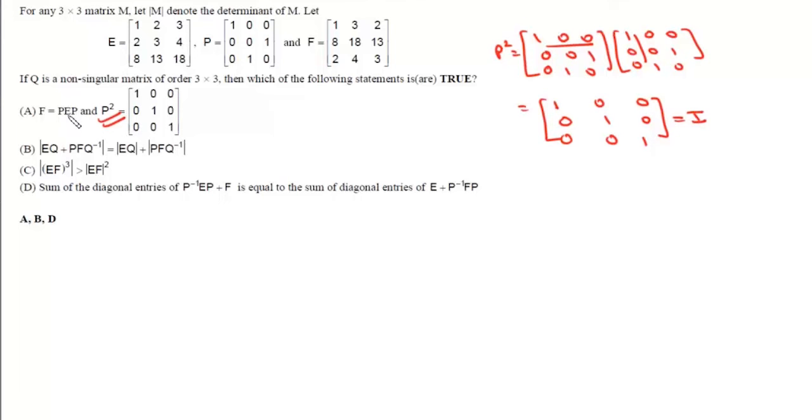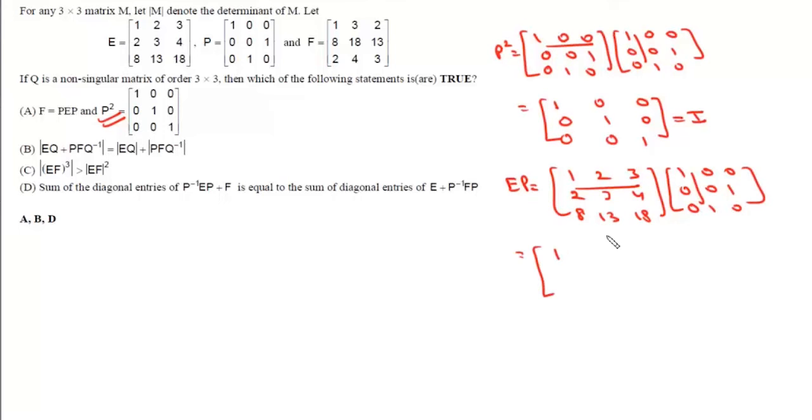Now what about this? F equals PEP. Now for this what we'll do is we'll find EP. Now E is 1 2 3, 2 3 4, 8 13 18, and P is 1 0 0, 0 0 1 and 0 1 0. Now here will be 1, here will be 3, and here it is 2. And the same way will be 2, 4 and 3, and here will be 8, 18 and 13.